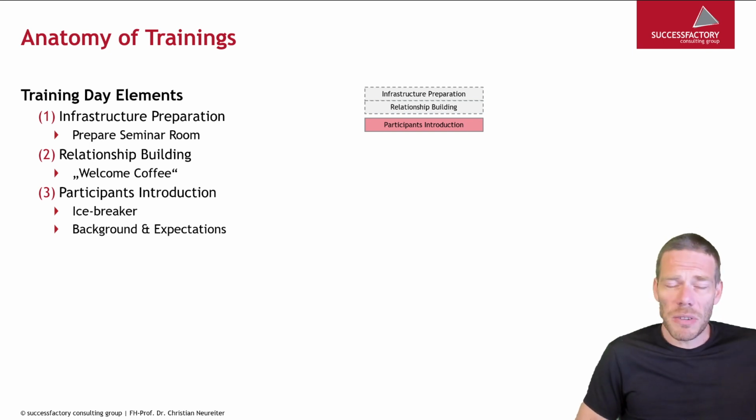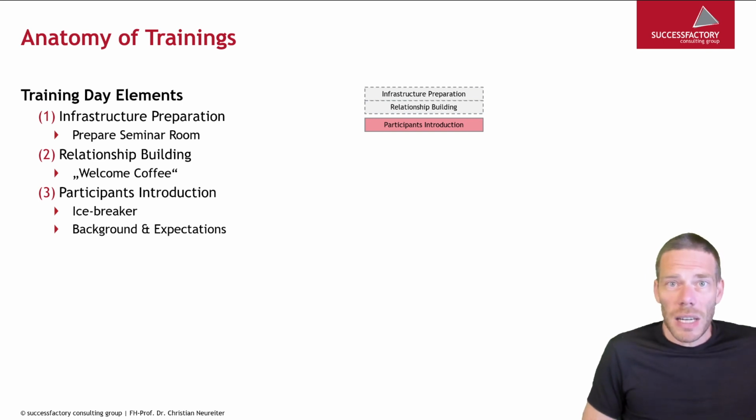Because typically in a training, we adjust the way of the training a little bit depending on the background and the expectations of the participants. For example, if it is a mandatory training for them and they don't want to be here, you probably would have a different start than if this is a training they have been waiting for a long time and they are so happy that they are allowed to go there.